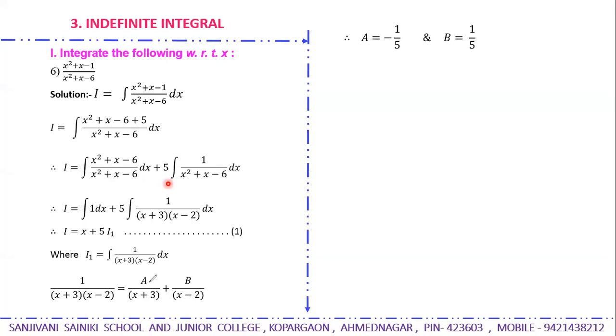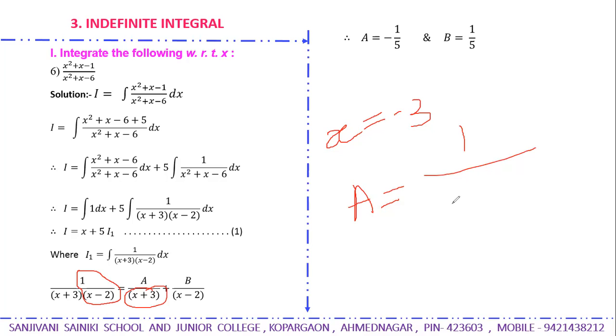Now to find the value of a, what is the denominator of a? It is x plus 3. It becomes 0 when x is equal to minus 3. So what I will do, I will put x is equal to minus 3 in the remaining part. So a is equal to 1 upon minus 3 minus 2, which is equal to minus 1 upon 5.